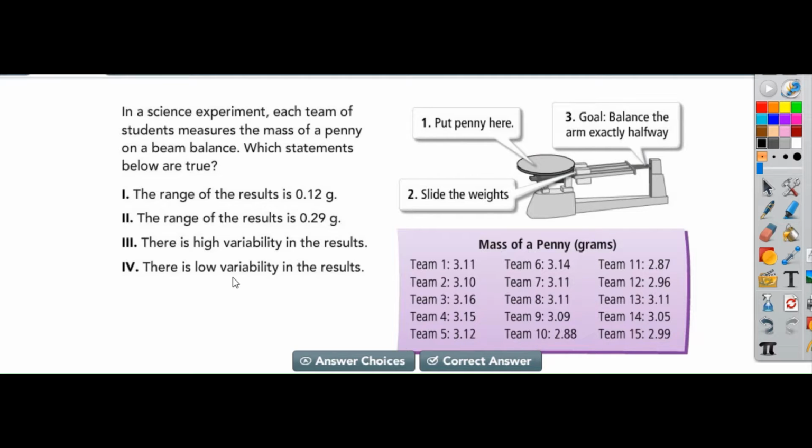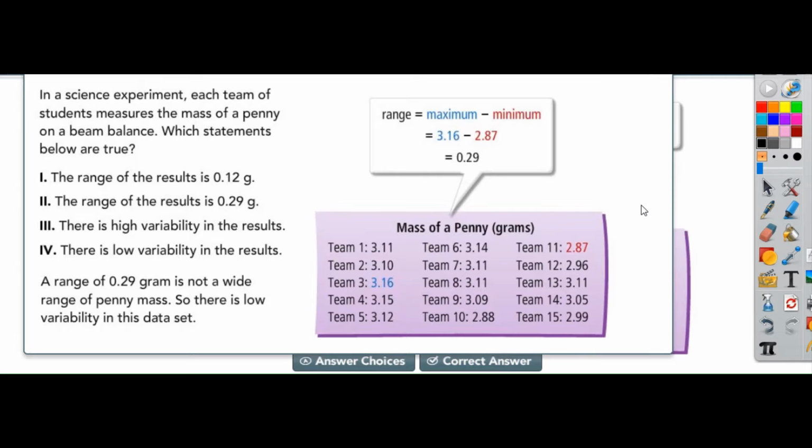You're either going to be 12 or 29 or none of them at all. But if we look at our data set, we can see that the range is 29 because the highest value minus the lowest value is 29. And we can say that that's low variability because 29 is such a small number. So we would say that is low variability.